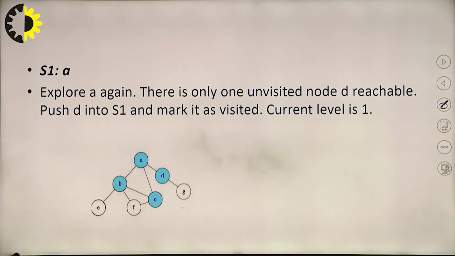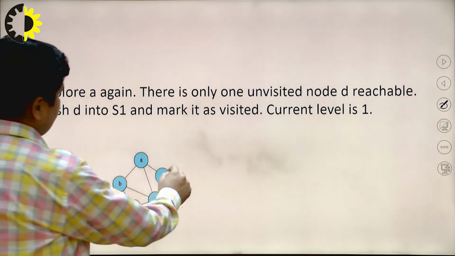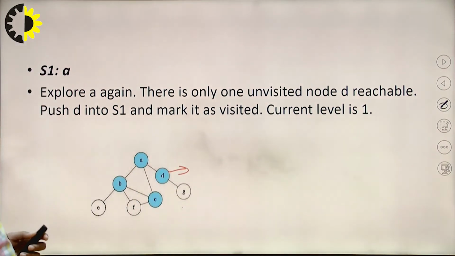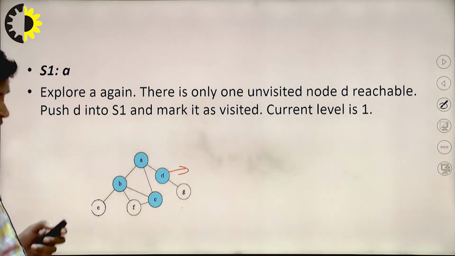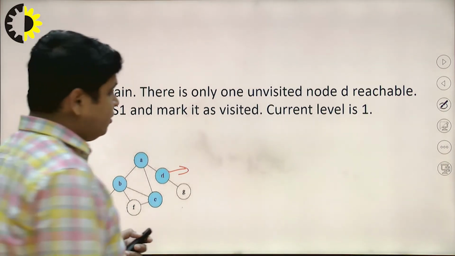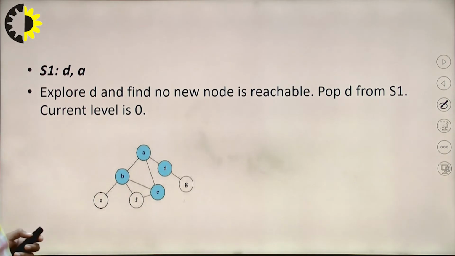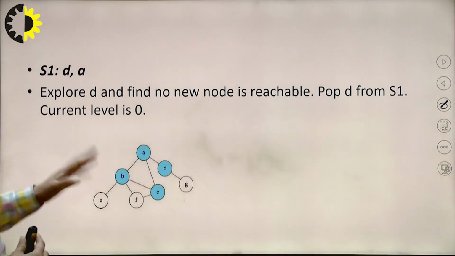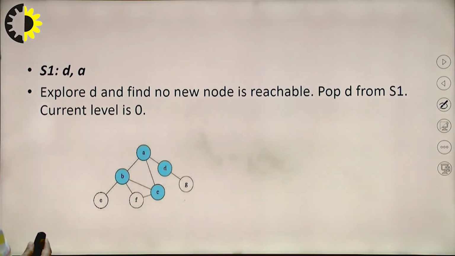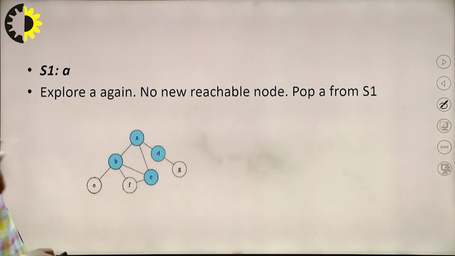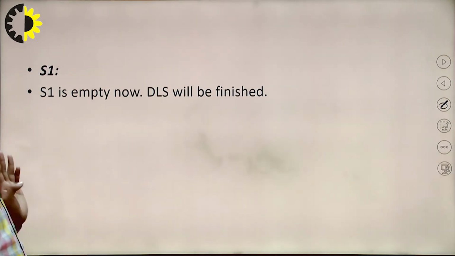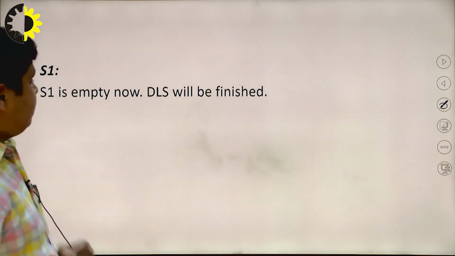Similarly, after that I will explore D and visit it. This is not our goal state and we have reached our maximum depth, which we have already defined. So explore D and find no new node is reachable. Pop D from S1 and the current level is 0. Explore again, no new reachable node. Pop A from S1. S1 is empty.